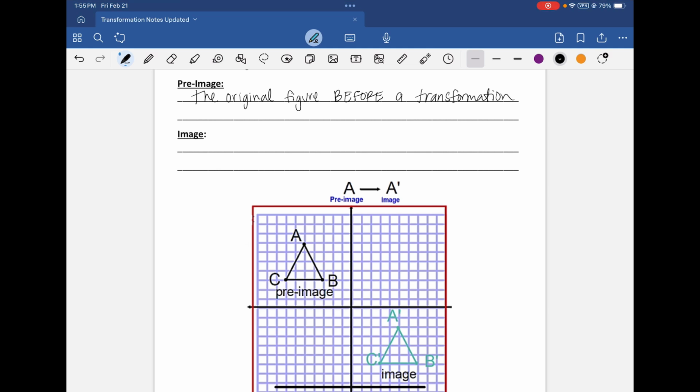The original figure before a transformation. That's the key word right there. Before a transformation. Then what we call the image, the definition of that would be the new figure after a transformation.